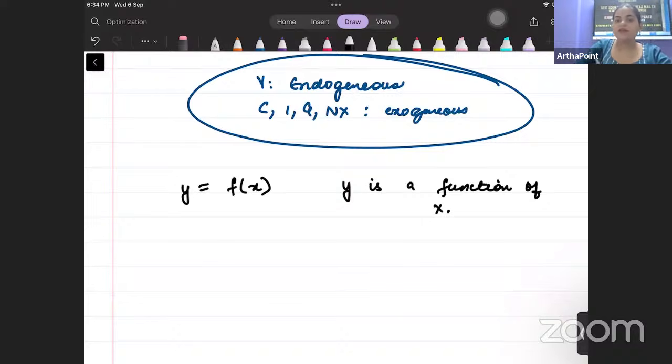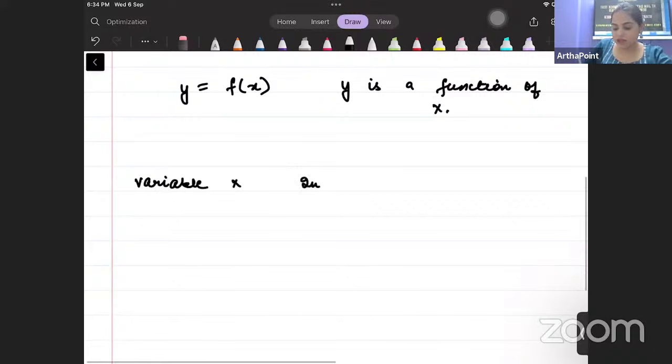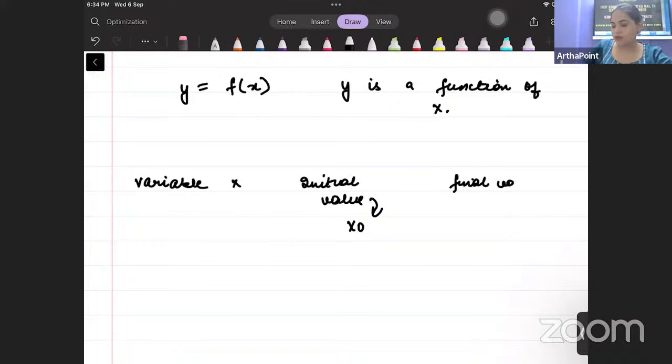In order to figure out that, let's say that there is a variable x, and let's say that its initial value is given to you as x naught, right? And its final value is given to you as x1.